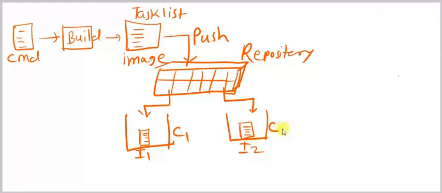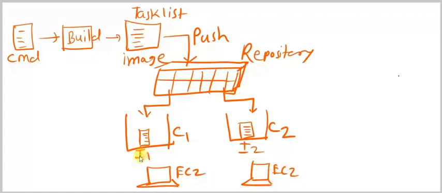From I1 container 1 is created, from I2 container 2 is created, and actually these containers are created where? At some EC2 server these containers are created. Okay, and this EC2 is, let's say, worker 1, this EC2 is, let's say, worker 2, and these are actually part of our ECS system.